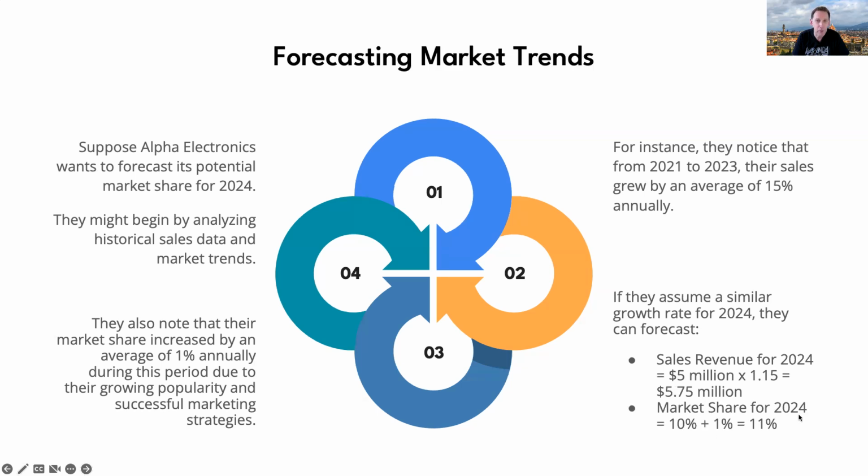For their market share in 2024, they had an average increase of 1% annually, so they could predict that their market share will go from 10% plus the average 1% to equal 11%. That gives us an idea of forecasting those market trends.